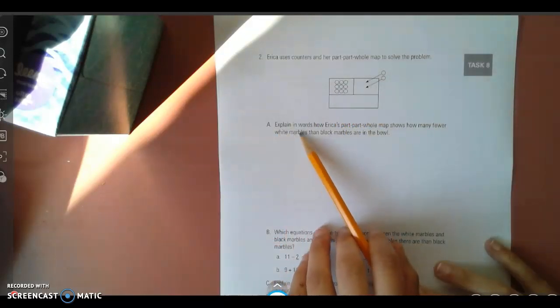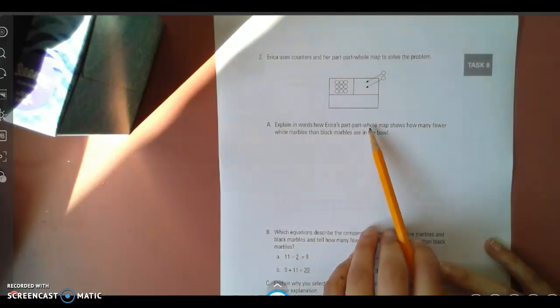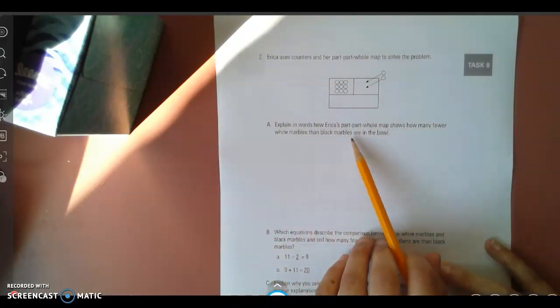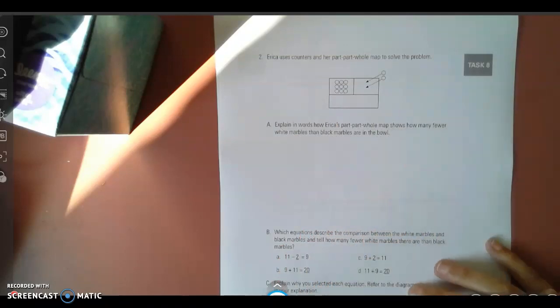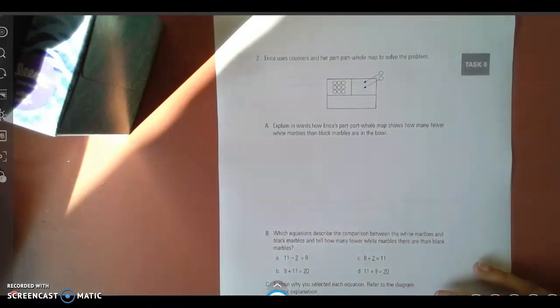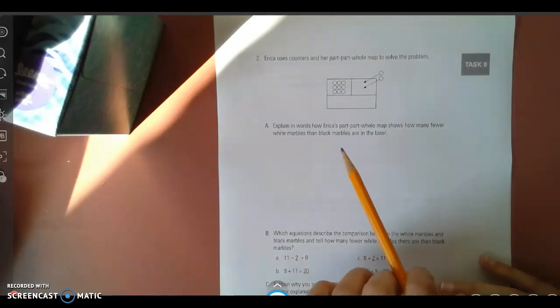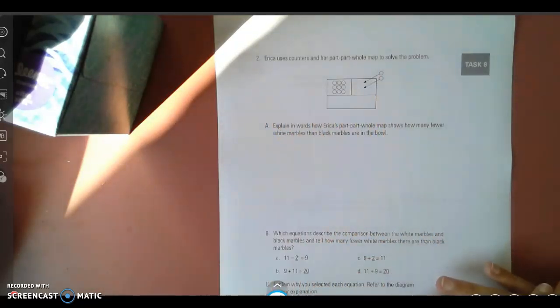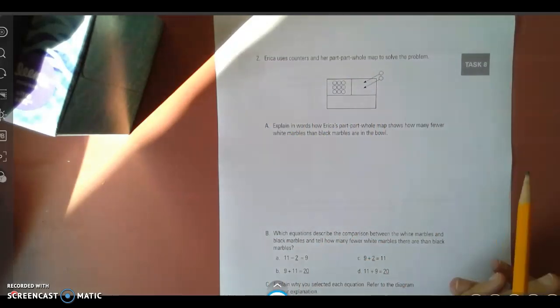So it says, explain in words how Erica's part-part whole map shows how many fewer white marbles than black marbles are in the bowl. So take just a minute and think about, how does Erica's diagram and her part-part whole map help explain the number of marbles.